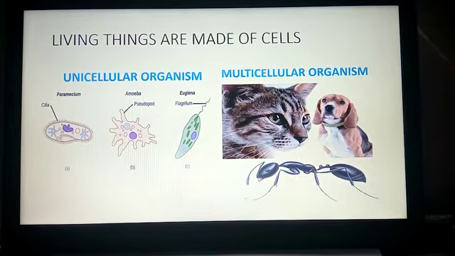So a group of cells forms the tissues, a group of tissues forms organs, a group of organs forms an organ system, and a group of organ systems forms the organism. Okay, children. So the cell is a basic and structural unit of life. So this is about the first characteristic of living things, that is living things are made of cells.